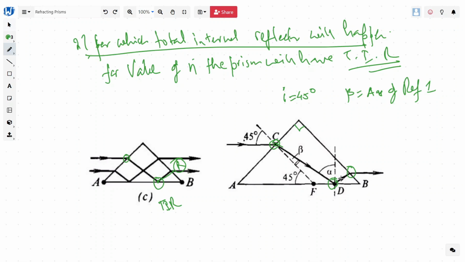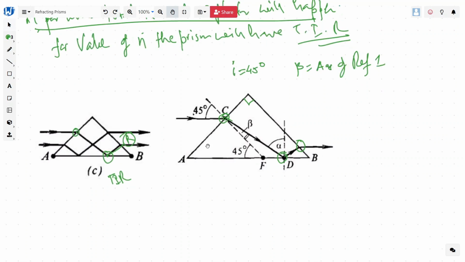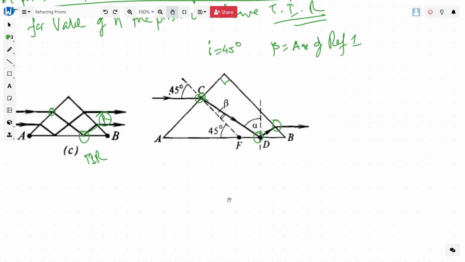So let's begin and try and write Snell's law for point number 1, which is point C. So we know that 1, which is the refractive index of air, into sine 45 is going to be equal to n into sine beta.